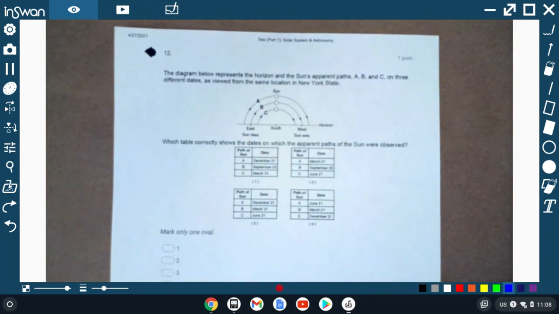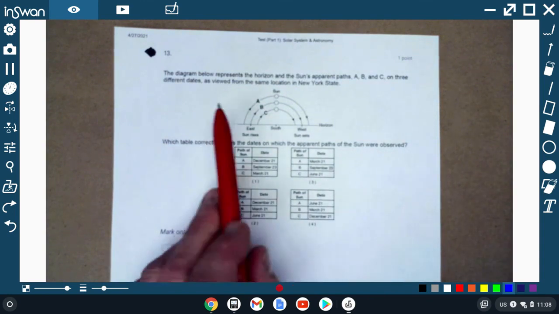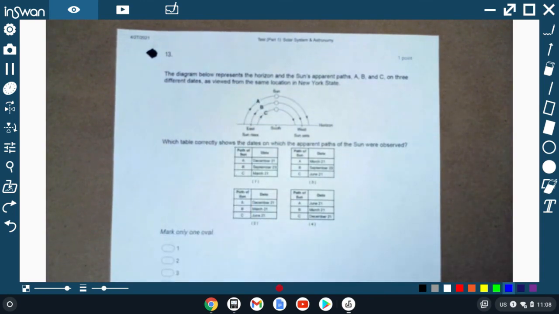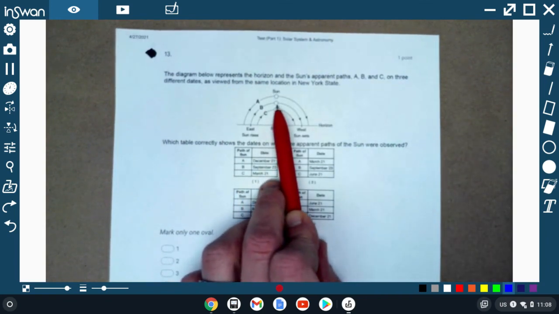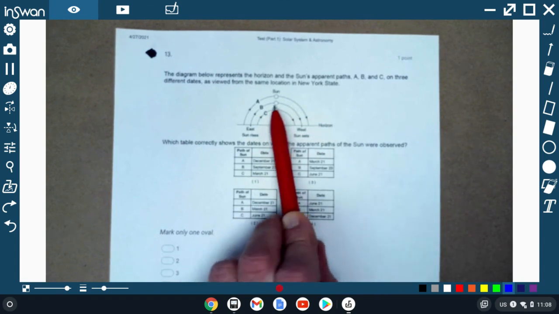So going back to our notes, we're talking about the altitude. So how high up is the sun? Well, the sun is the highest on June 21st, and that's going to be summer. And the sun is the lowest on December 21st, and that's going to be the winter. And so sometime in between has to be either September or March.